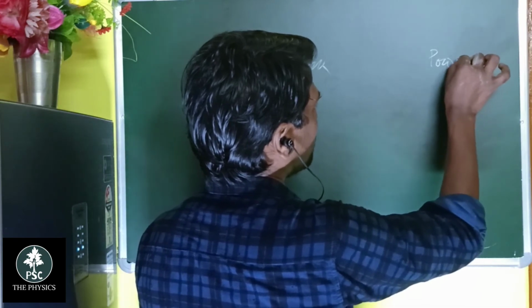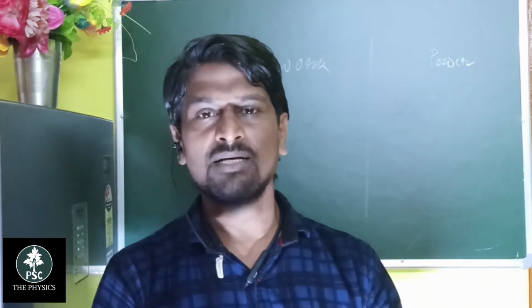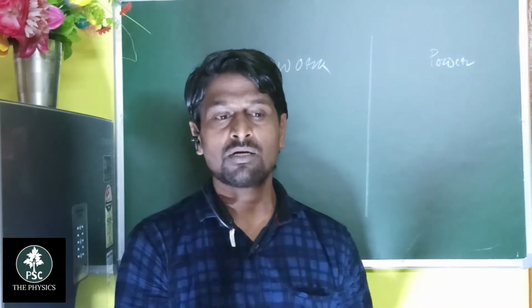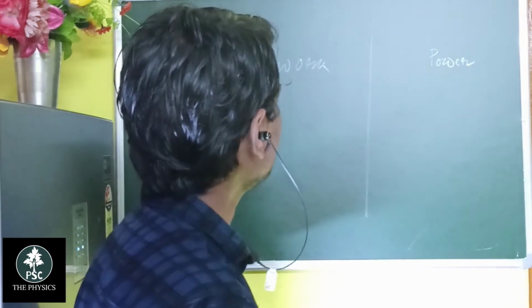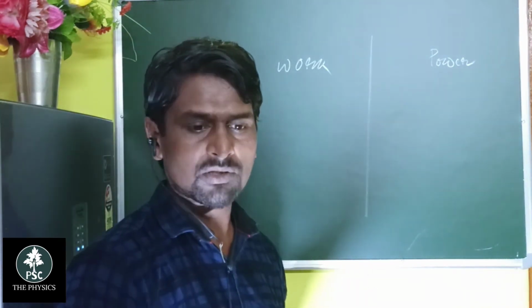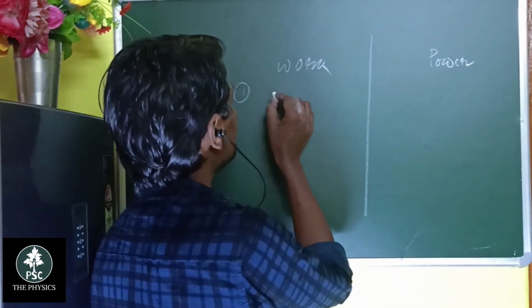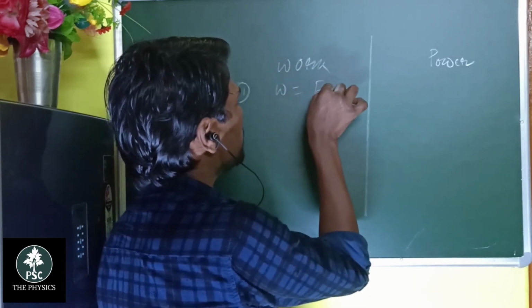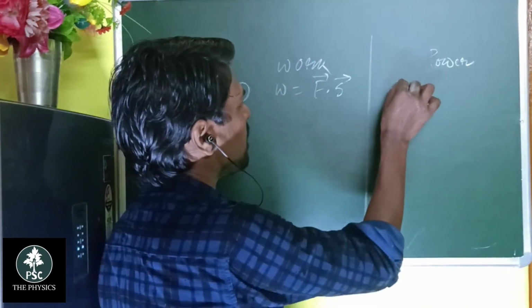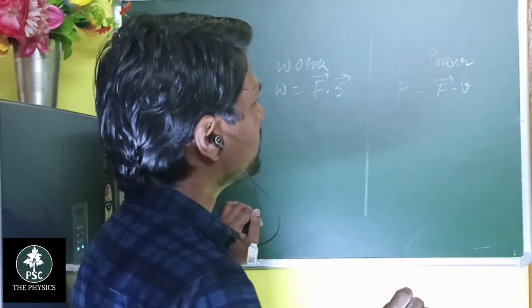What is work? When a force is applied on a body and it displaces the body along the direction of force, then we can say that this is work. So work is defined as the applied force displacing the body along the direction of force. The first one is work equal to F dot S, but power equals F dot V, because power equals work done by time.